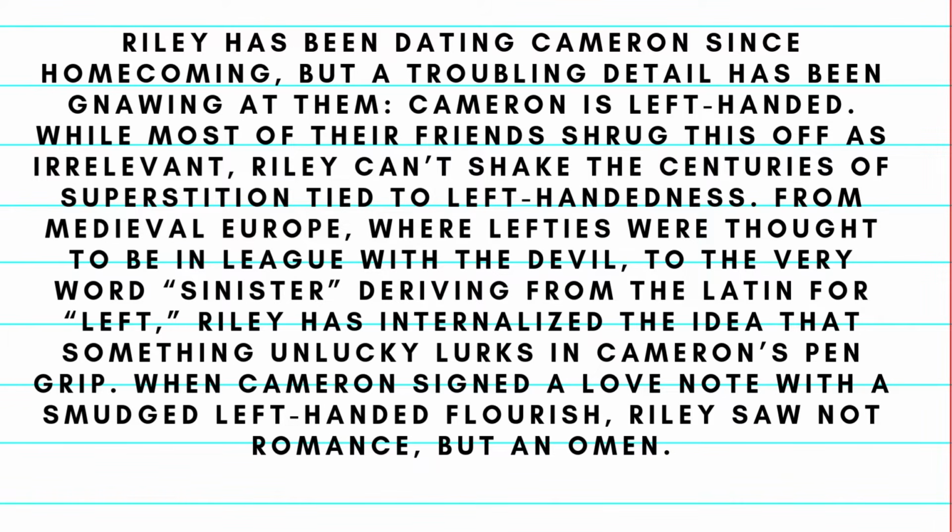From medieval Europe, where lefties were thought to be in league with the devil, to the very word sinister deriving from the Latin for left, Riley has internalized the idea that something unlucky lurks in Cameron's pen grip. When Cameron signed a love note with a smudged left-handed flourish, Riley saw not romance, but an omen.